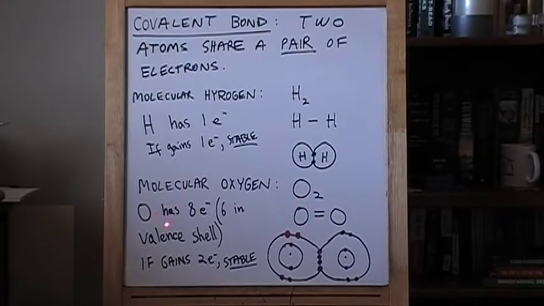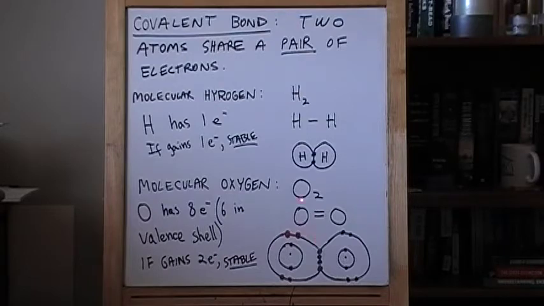It's because oxygen normally has 8 electrons, and it has these electrons arranged so that 2 are in the inner shell and then 6 are in the outer or valence shell. Notice that if oxygen gains 2 more electrons, it'll have a completely filled valence shell. And so oxygen tends to form bonds in which it gains 2 electrons.